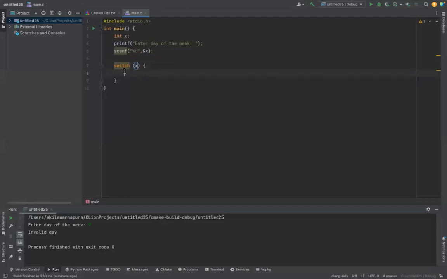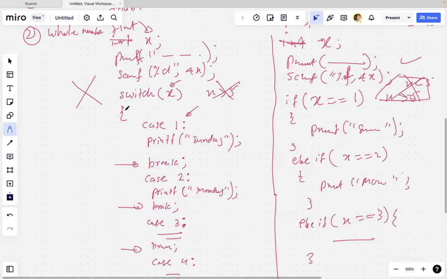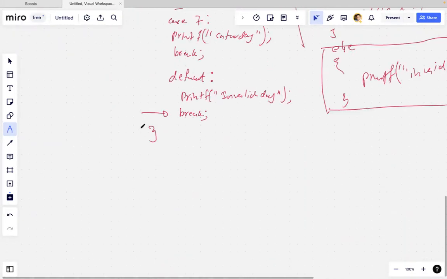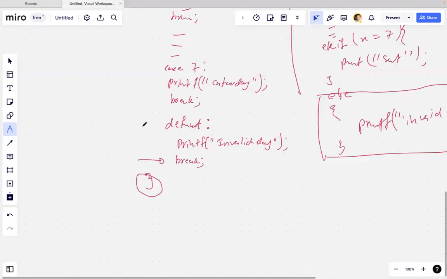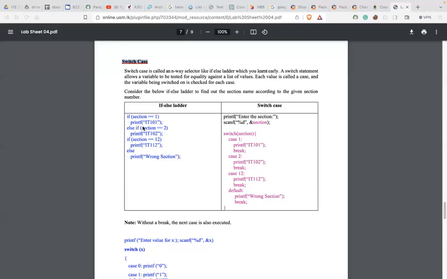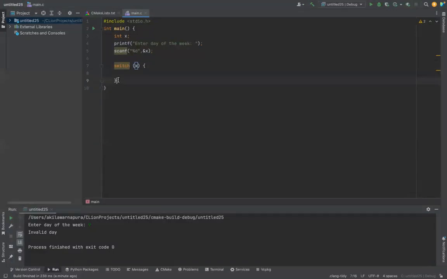Switch x. After that, open the curly brace and close the curly brace. This is the opening curly brace and this is the closing curly brace. Inside the opening and closing curly braces, we have to provide the cases. The first one is case 1.